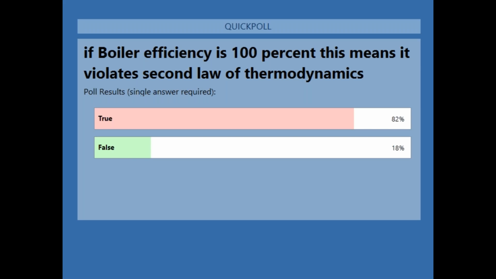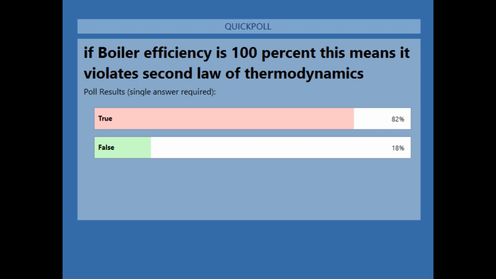However, if I ask whether a thermal power plant can have an efficiency of 100%, then the answer is no. Because the power plant is a heat engine and a heat engine is constrained by the second law of thermodynamics, which says that any heat engine operating on a thermodynamic cycle cannot have an efficiency of 100%.